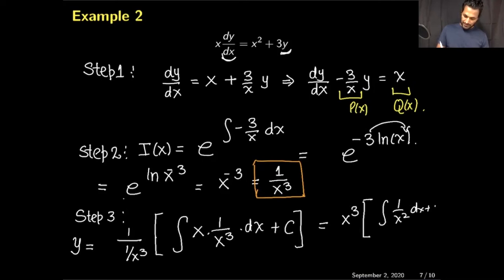dx plus c. Now simply we have to integrate this function, which is 1 over x squared. So the integration of this function is going to be x to the power minus 1, and then minus 1 here, and plus c.